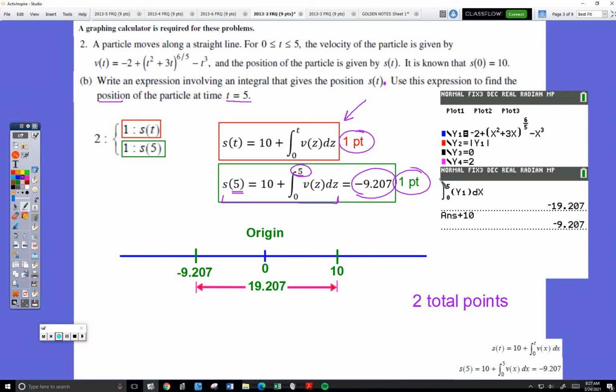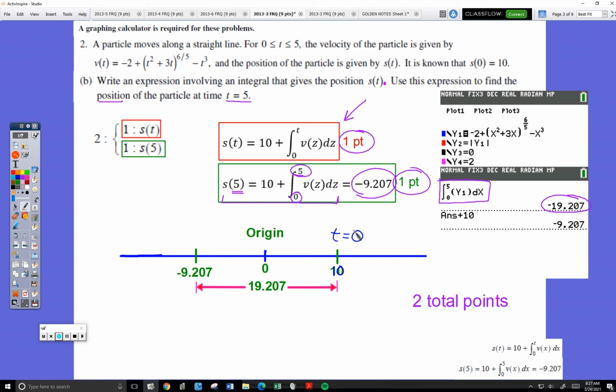So here I am. The integral itself tells me how different the position is at time 0 compared to time 5. So the idea is the particle's moving along a line right here. This location in the center is called the origin. Here's where the particle is at time 0.